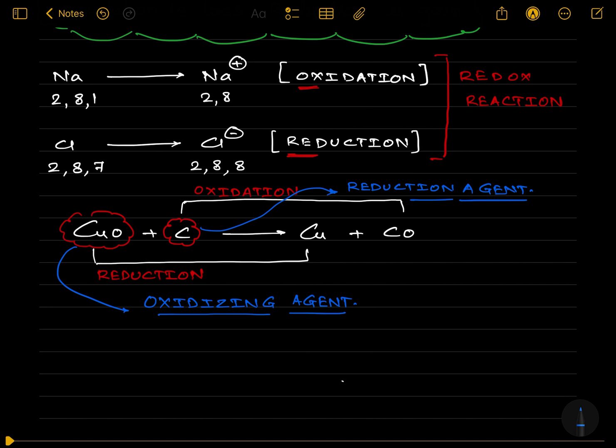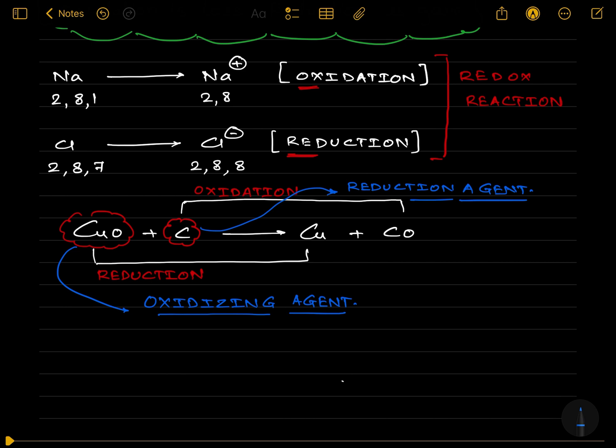Over here, we can remember a very simple rule, the vice versa rule. A substance that undergoes reduction is an oxidizing agent. A substance that undergoes oxidation is a reducing agent.